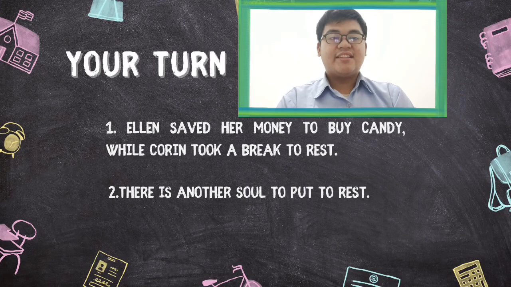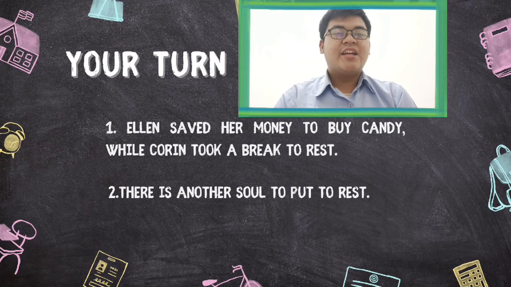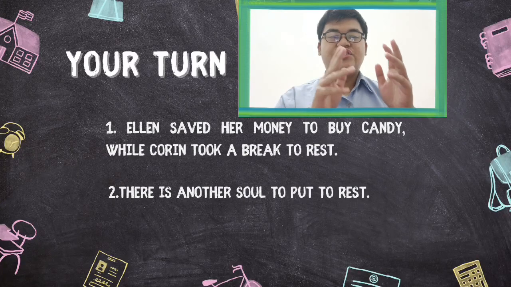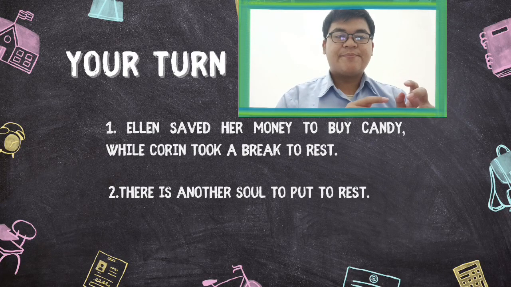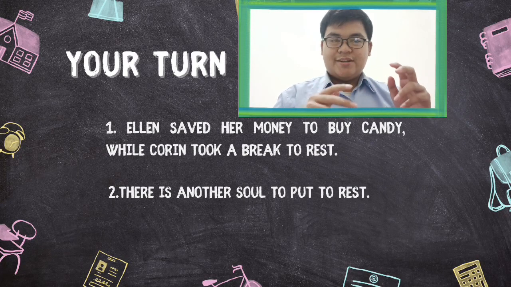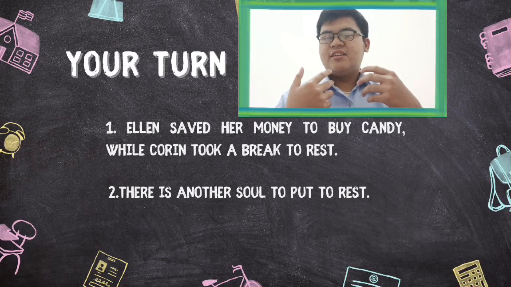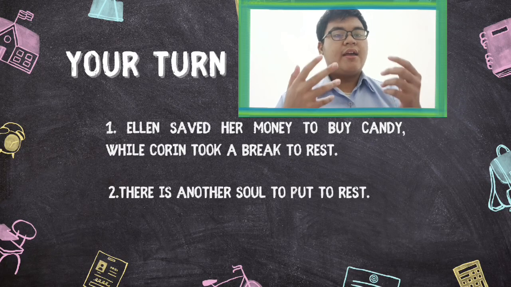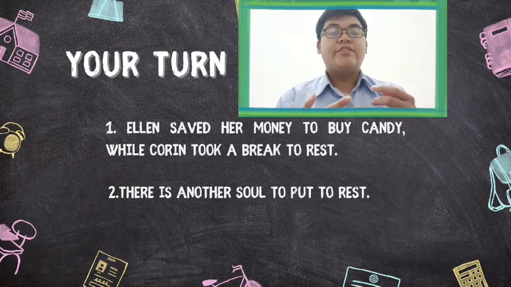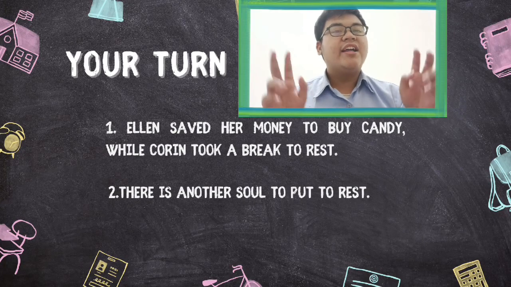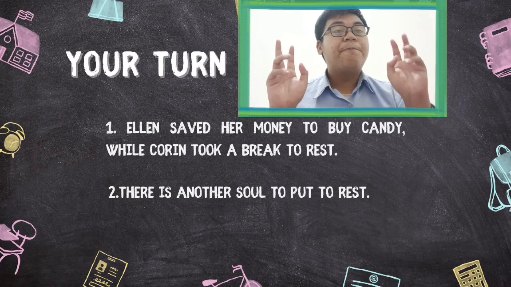For the second sentence, this is a trap because there is another soul to put to rest. Where is the verb? Where is the subject? Actually, the subject is not there. There is what is called a dummy subject, or a fake subject.